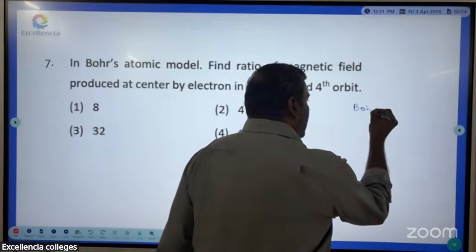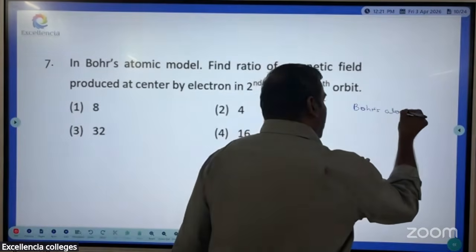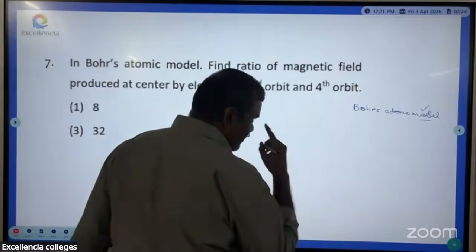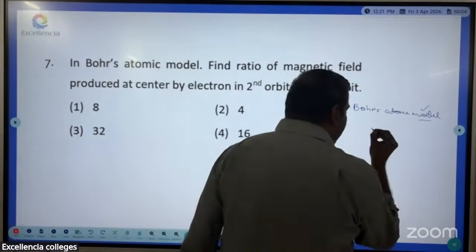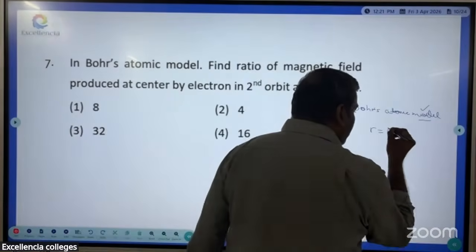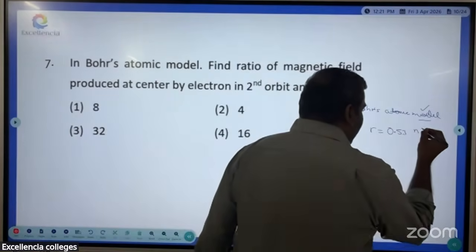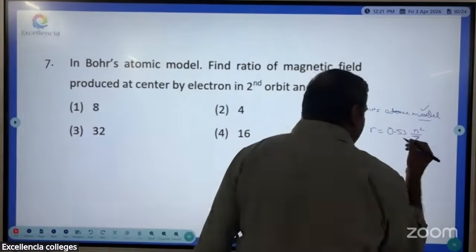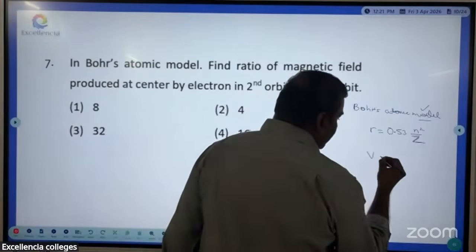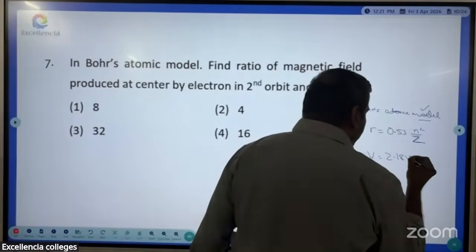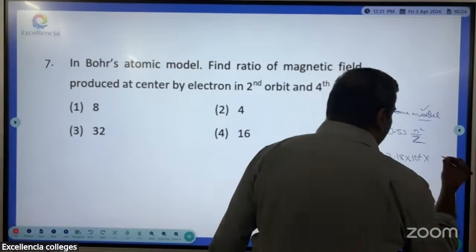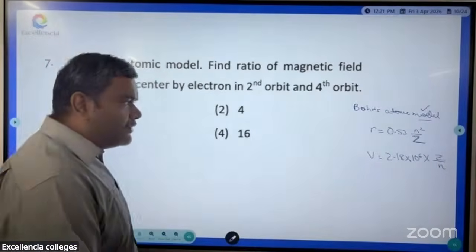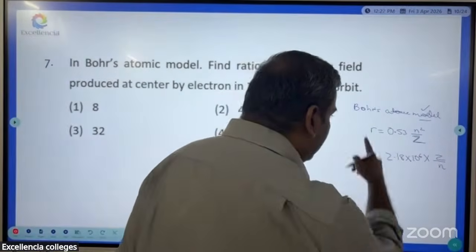As soon as we see Bohr's atomic model, certain things must come to our mind first, and that is that the radius in that orbit comes out to be 0.53 into n squared by Z, or you can write this as R naught n squared by Z. And the velocity comes out to be, so far as I remember, 2.18 into 10 to the power 6 into Z by n, something like this. So these are Bohr's atomic model velocities and radius.